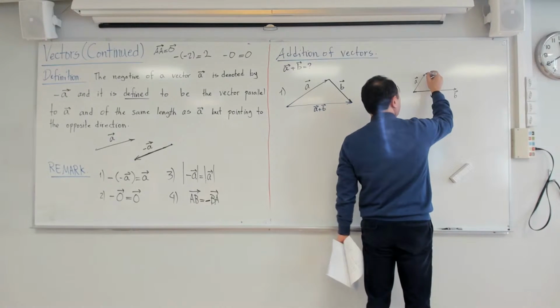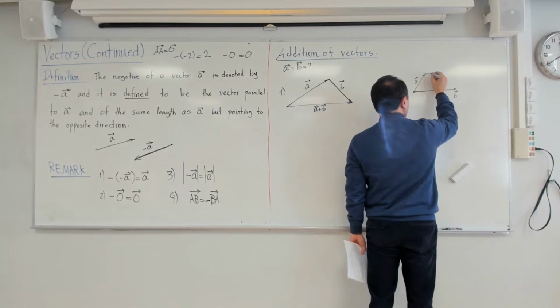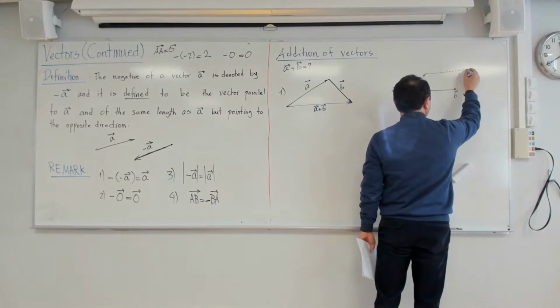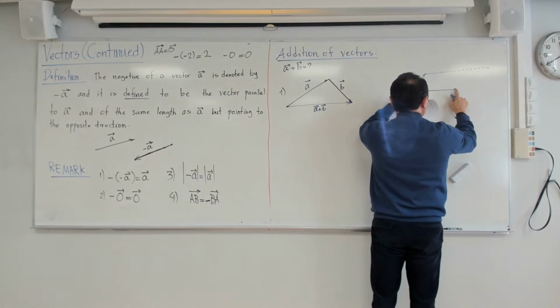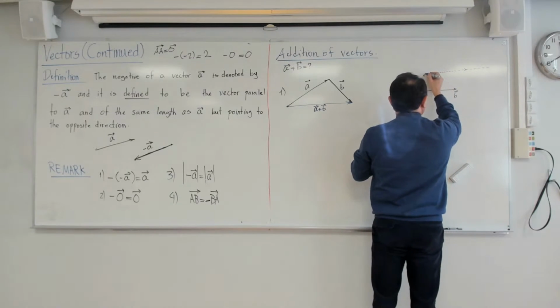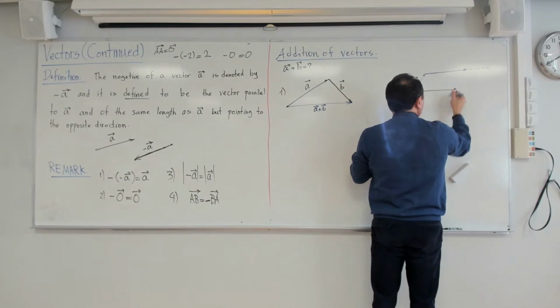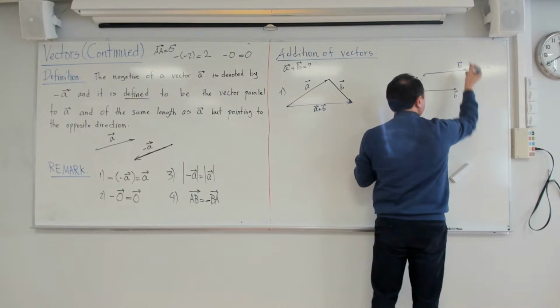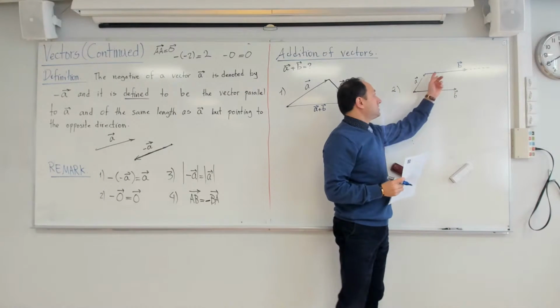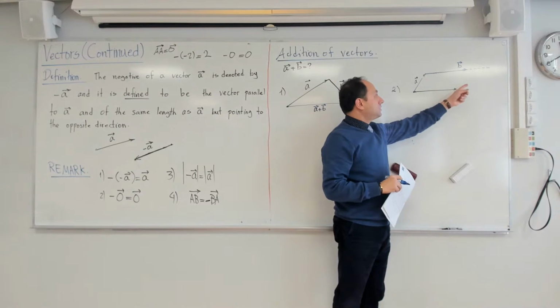So from the final point of this initial vector, I draw a line which is parallel to this vector, and then I parallel transport it here, something like this. If I call this vector B, I am also allowed to call this vector B because they have the same length, they are parallel, and they are pointing in the same direction.